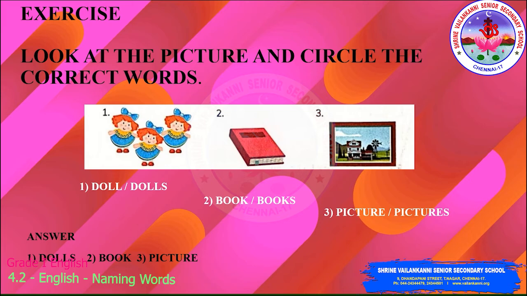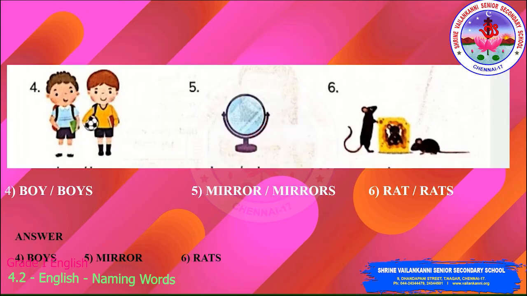We have only one picture frame. So in that case, we need to select the option where there is no s at the last. We need to select the first one, which is P-I-C-T-U-R-E, picture.